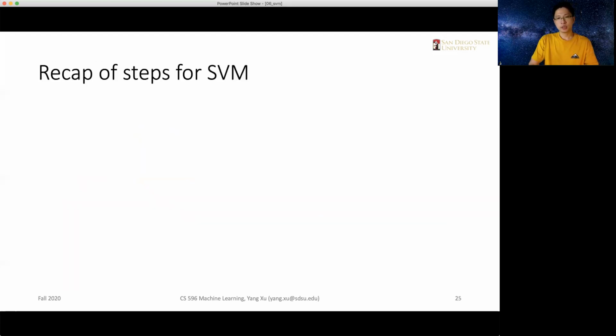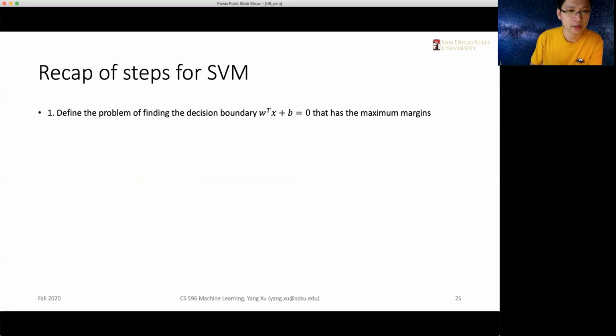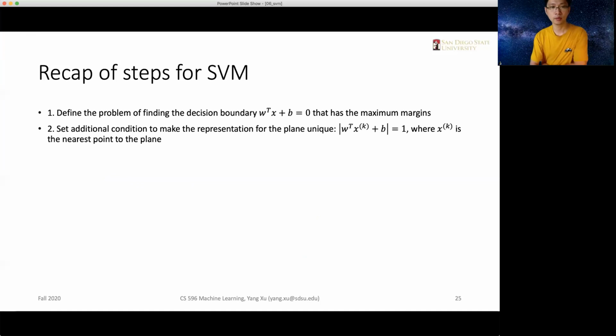Now I would like to do a recap of the previous steps. We start from defining the problem of finding the decision boundary that has the maximum margins. Then we set an additional condition to make the representation of the decision boundary unique: for the nearest data points, we must have this term satisfied.